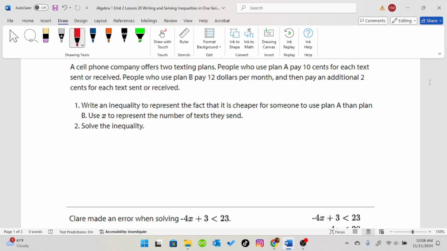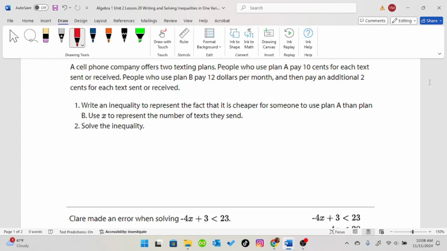People who use plan B pay $12 per month and then pay an additional 2 cents for each text sent or received. Number 1, write an inequality to represent the fact that it is cheaper for someone to use plan A than plan B. Use X to represent the number of texts they send.